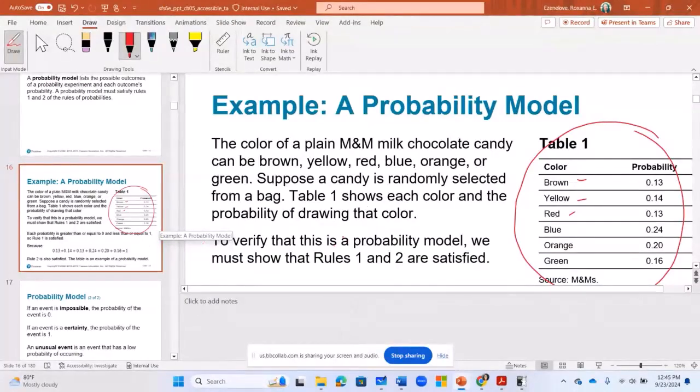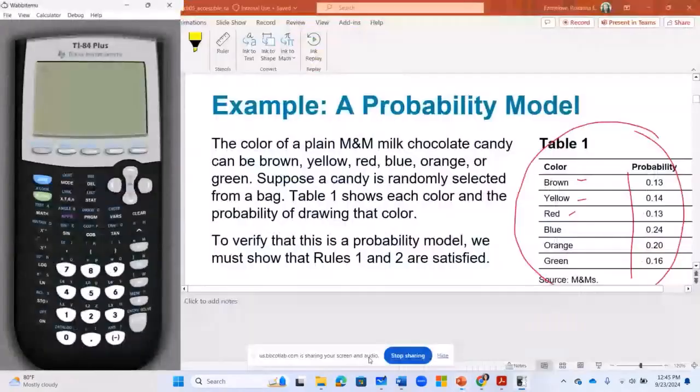Rule 1 says that there should be no negative probability. There is no negative probability. If I'm told to test the rules of probability, I will test this table and say there is no negative probability. Therefore, rule 1 is satisfied. Then let me test rule number 2. I want to add all the probabilities.